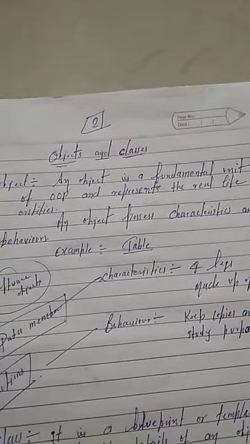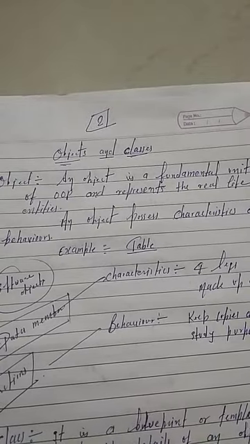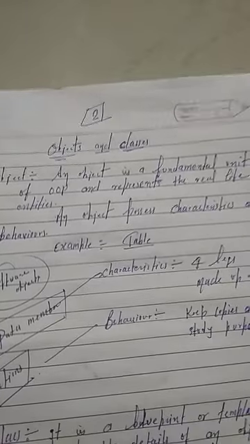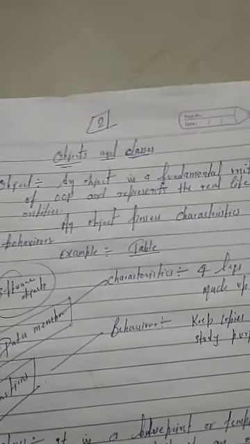It means object oriented programming is oriented on objects, so it is based on objects only, so it is very important to understand objects.